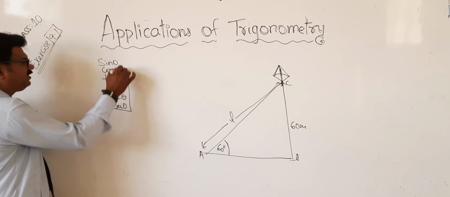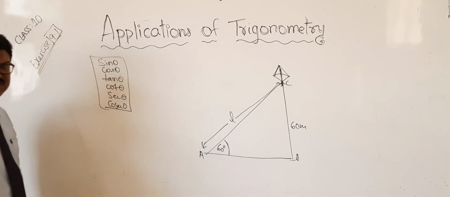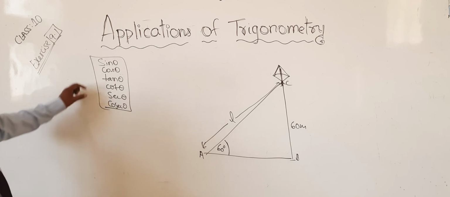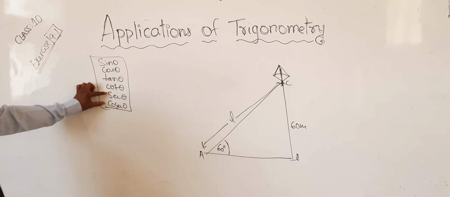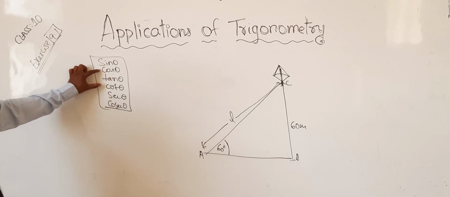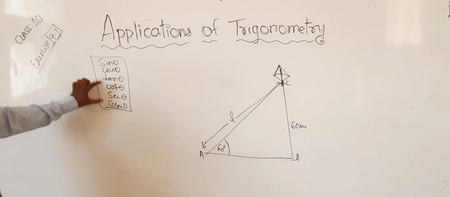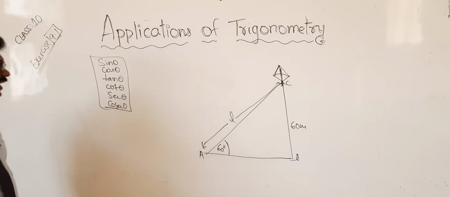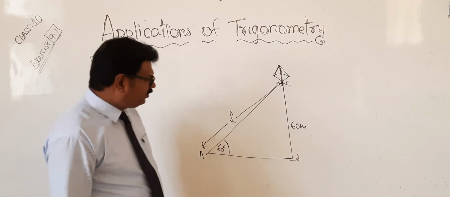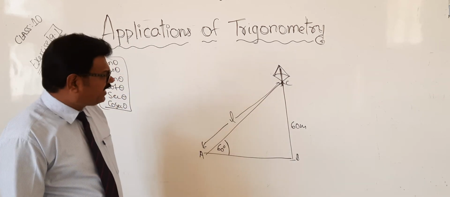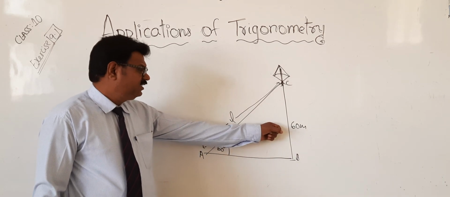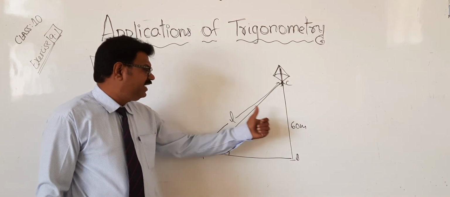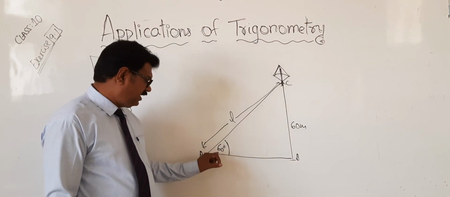All 6 ratios are available with us. Whichever you want you can take. But usually you take these 3 because secant theta is nothing but 1 by cos, cosecant is 1 by sin, and cot is 1 by tan.